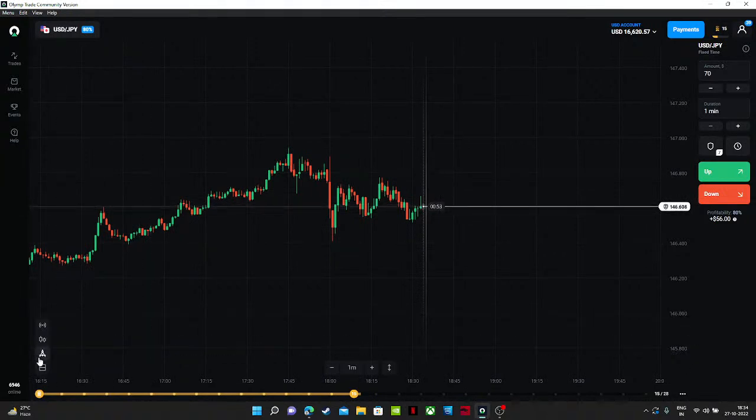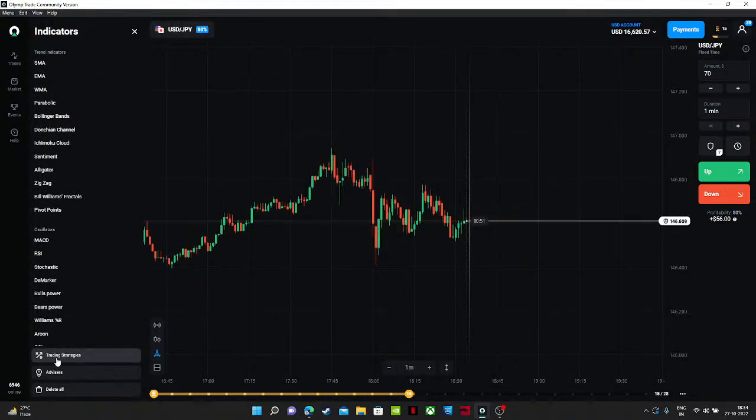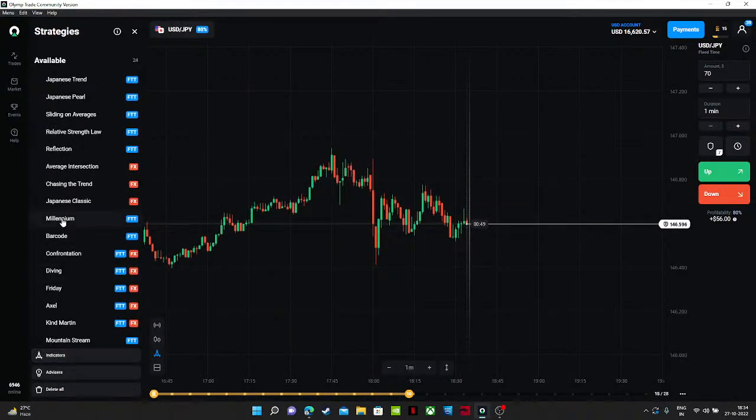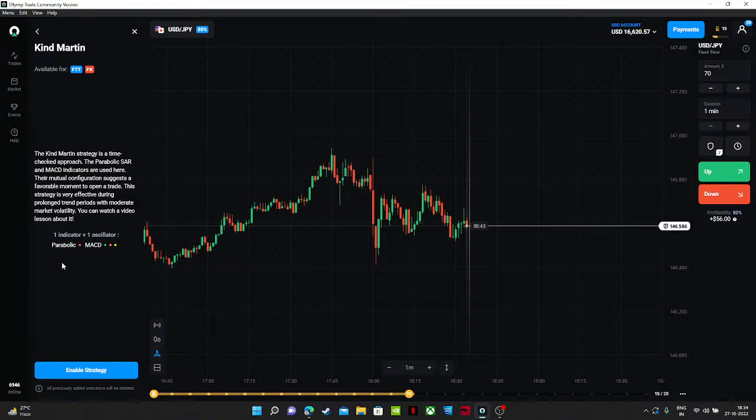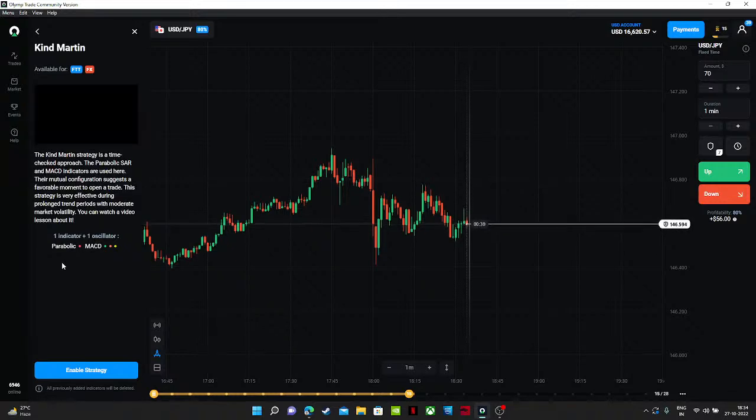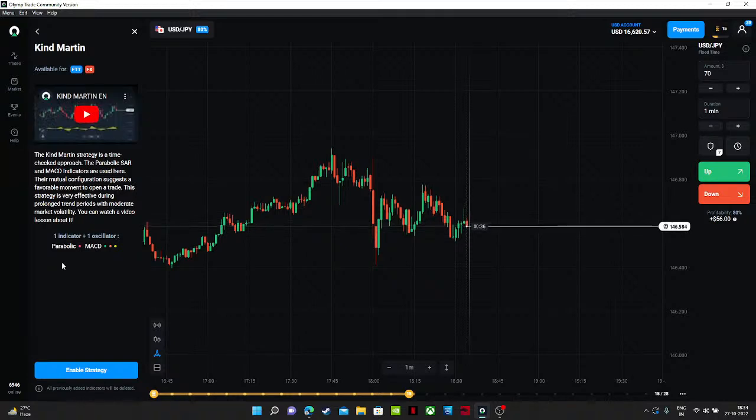In order to apply it, you need to go to the trading strategy section, and there you will find the Kind Martin strategy. Okay, so you will click on Kind Martin. The Kind Martin strategy is a time checked approach. The parabolic SAR and the MACD indicators are used here. Their mutual configuration suggests a favorable moment to open a trade.